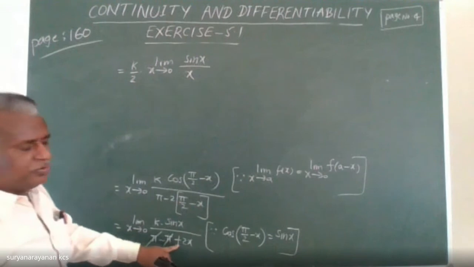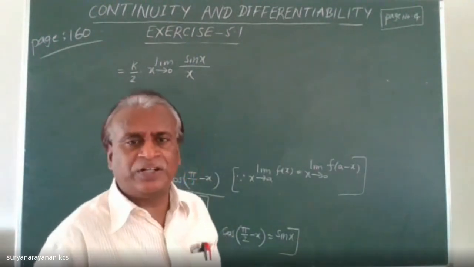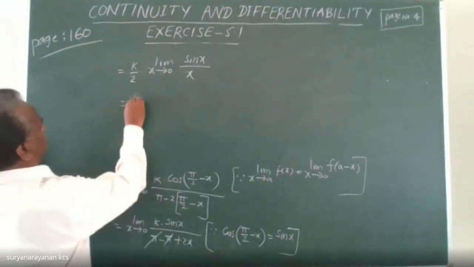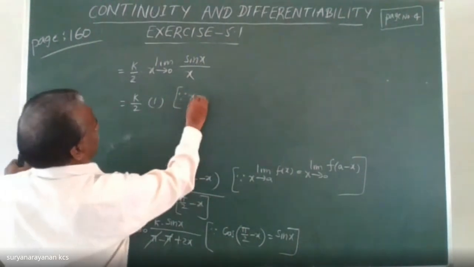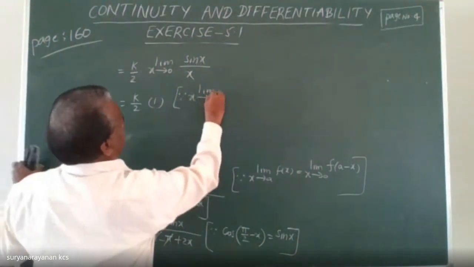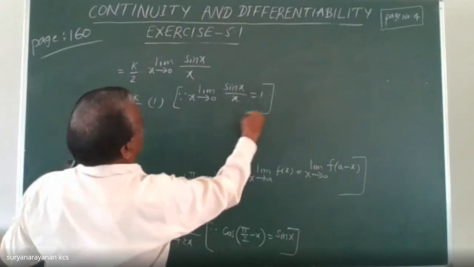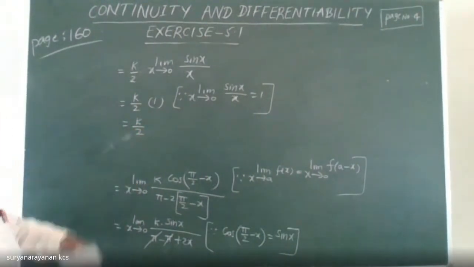Here k and 2 are not affected by the limit, so we write k by 2 outside. So k by 2 into the limit of sin x by x as x tends to 0, which is 1 by standard limits. That is k by 2. This is the limit of this function.